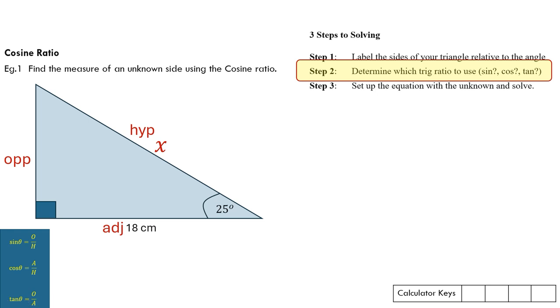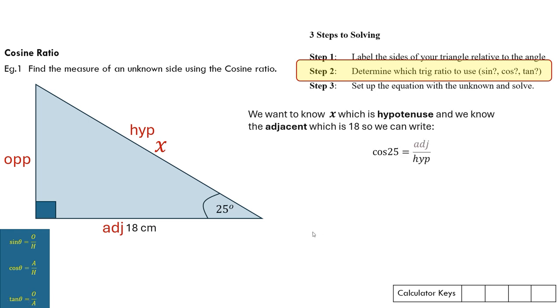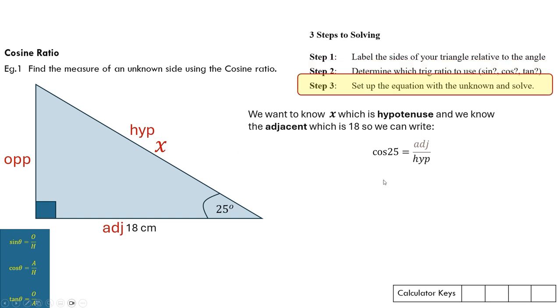So we've determined that we're going to use the cosine ratio. We can say that the cosine of 25 equals adjacent over hypotenuse, which in this case, the cosine of 25 equals 18 over x.